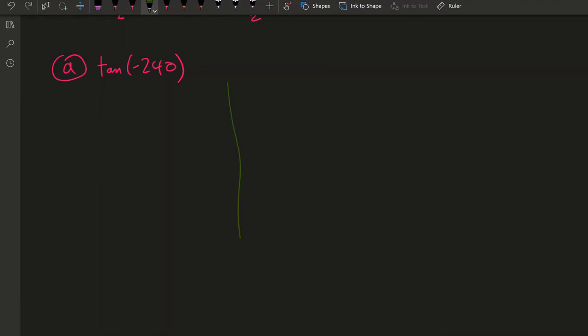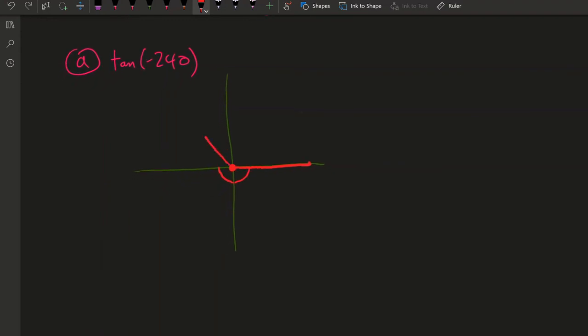Let's draw 240 in standard position. So here's 0. And then I would go 90, 180, and then after 180, I would go up 60 more degrees to get to 240. Okay, so that would be 240 degrees. Now, using the reference angle, I'm going to just drop this down right here.